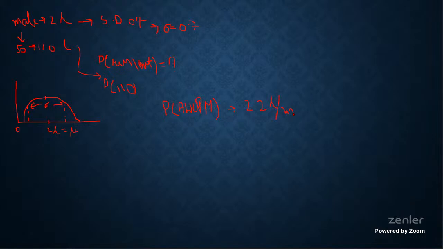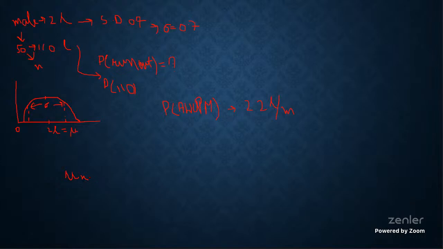Now comes the very interesting part. Now we have to get the sampling distribution of the sample mean, where n is our sample size. We have to calculate the probability that you will run out.